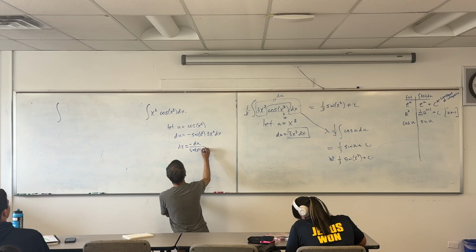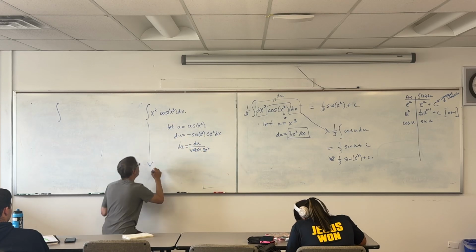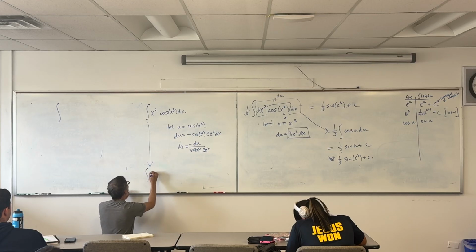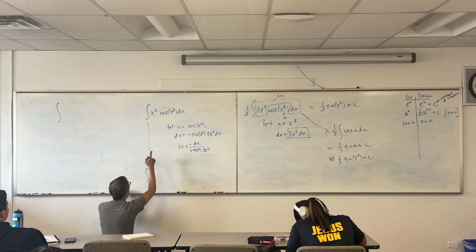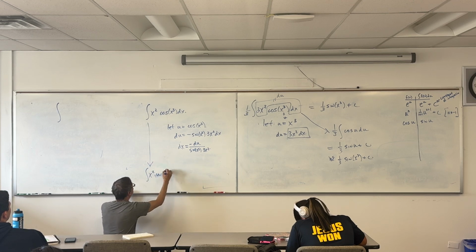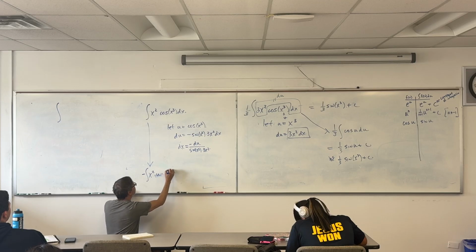So let's plug it into our substitution. This becomes integral. Leave that x squared alone. Hope things work out. Then cosine of x cubed is our u, and the dx becomes, I'm going to put the minus out front, du over sine of x cubed times 3x squared.